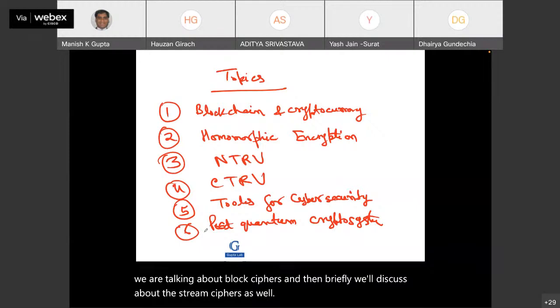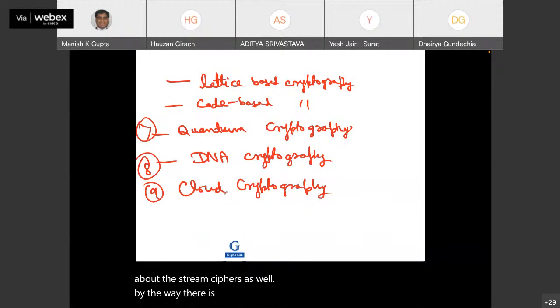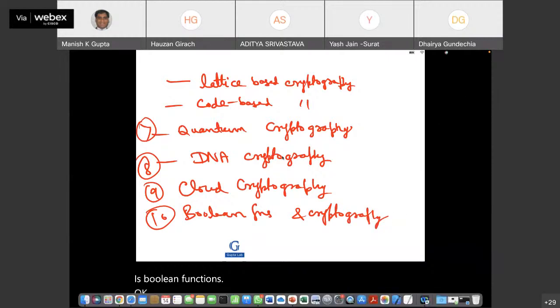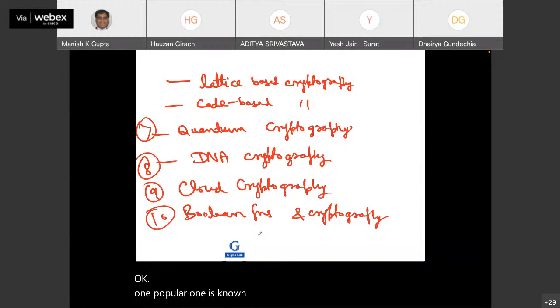By the way, another important area is Boolean functions and cryptography. Okay, one popular one is known as bent functions. Bent functions. So I think you can see what these things are.